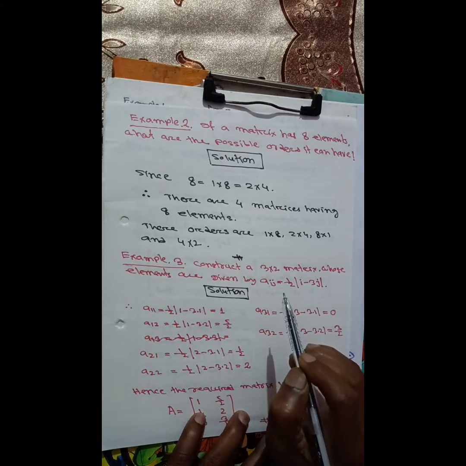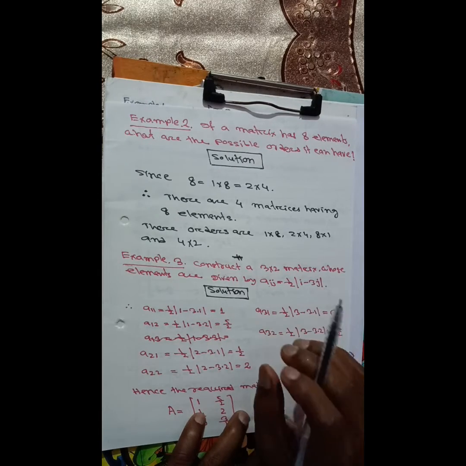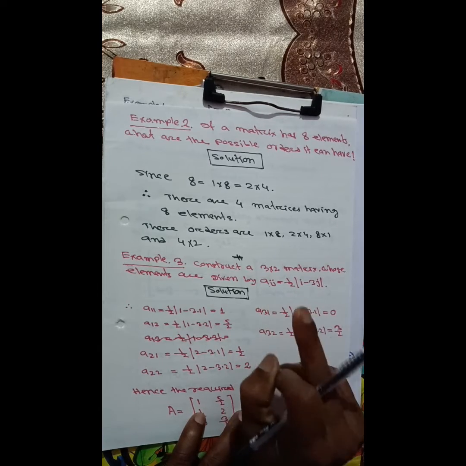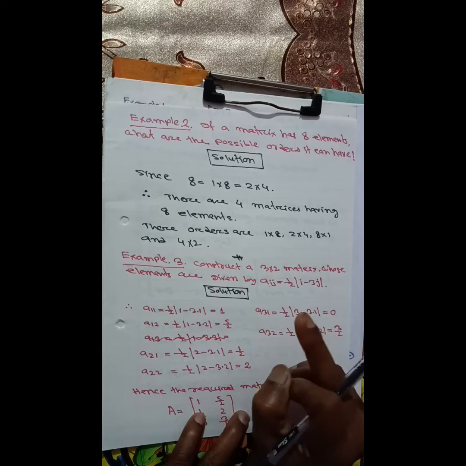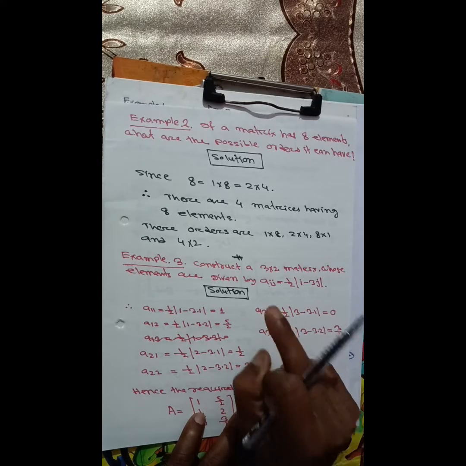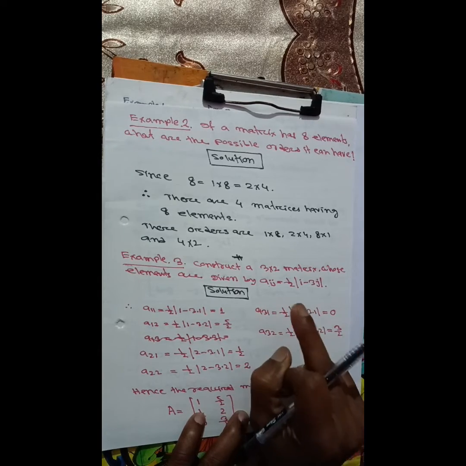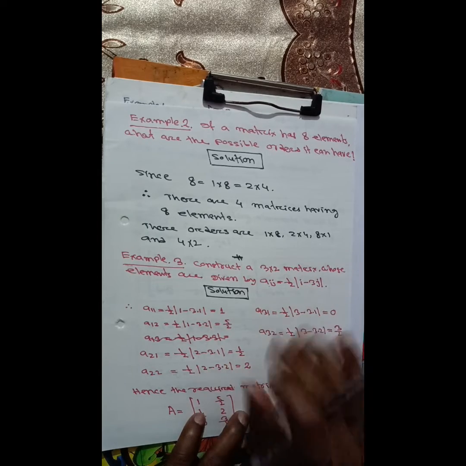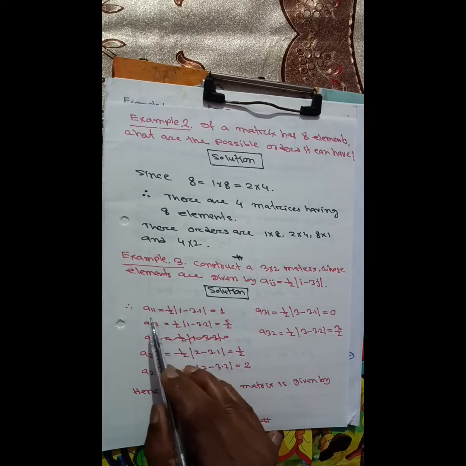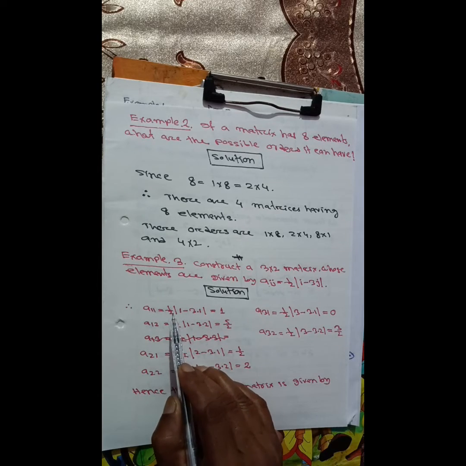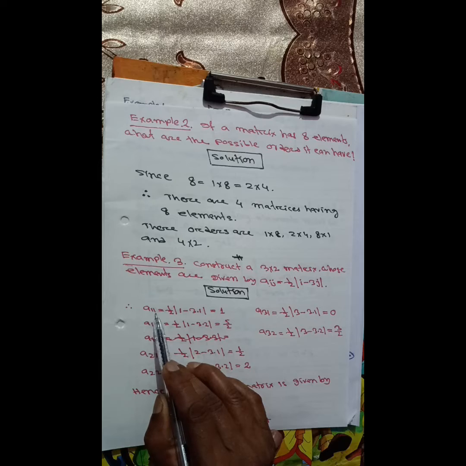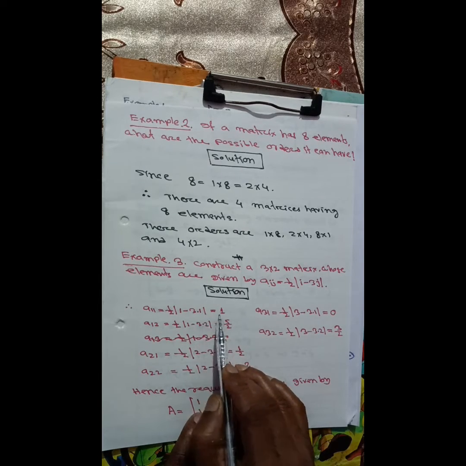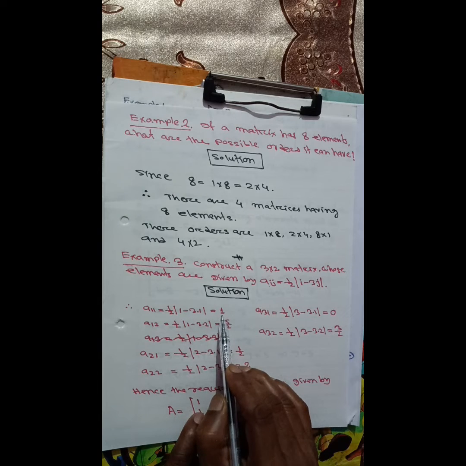That means we construct a matrix which has 3 rows and 2 columns, so a matrix of order 3 by 2 with 6 elements. Therefore, we can find the 6 elements. The first element is a11. That is, half into modulus of i minus 3j, with i as 1 and j as 1. Therefore, modulus of 1 minus 3 into 1 is equal to 2 by 2. That means 1.